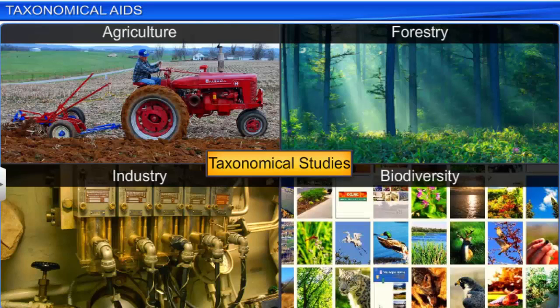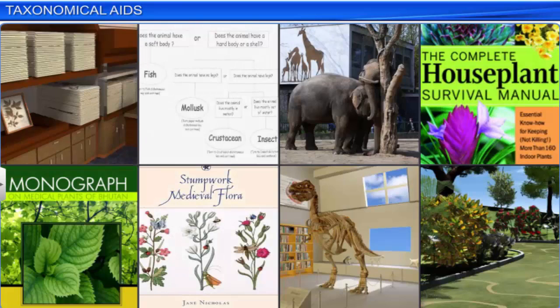These studies help in disciplines such as agriculture, forestry, industry, and in knowing the biodiversity. Over the years, biologists have developed many methods and techniques that help in taxonomic studies.